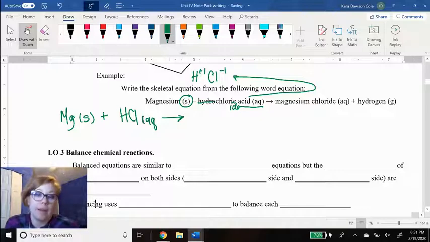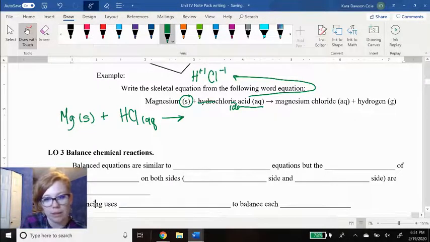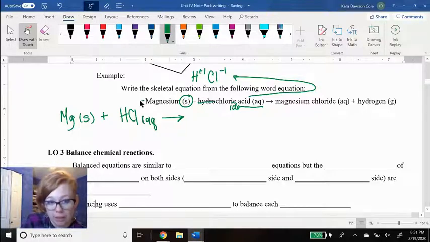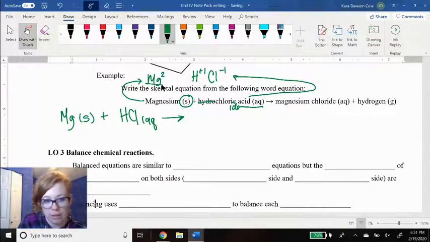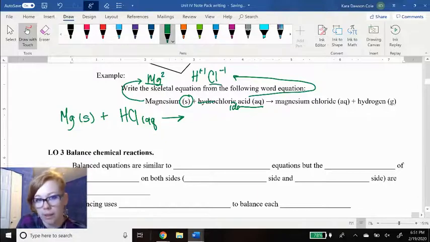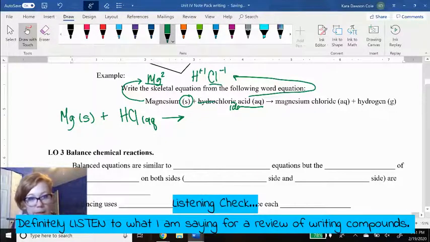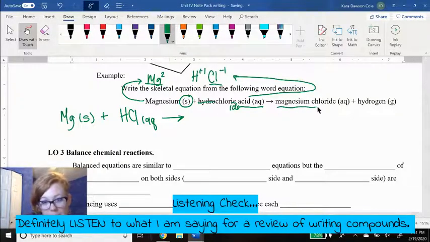So now my arrow. Now I see over here, I already have a compound that's forming between magnesium and chloride. So I'm going to go ahead right here and write the charge for magnesium. So that way I can just go ahead and take magnesium and cross it with chlorine. And then that way I can have my formula for magnesium chloride pretty easily. Okay. So my next thing that forms is magnesium chloride.